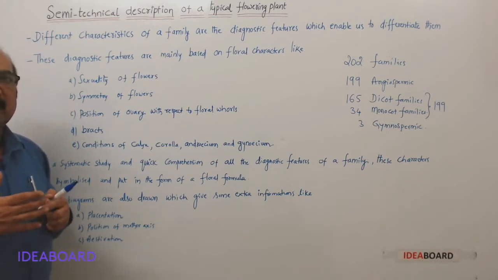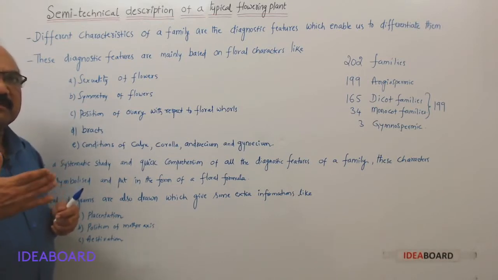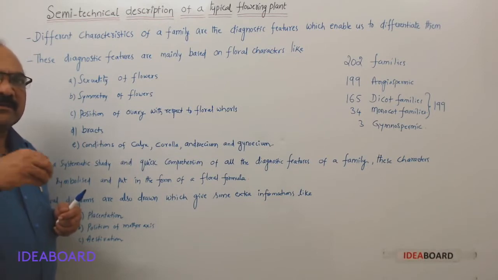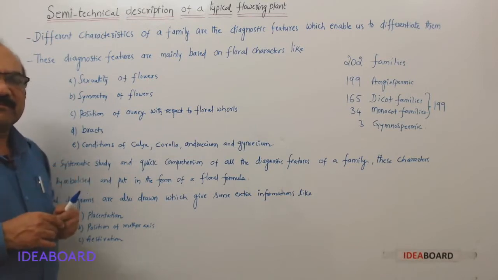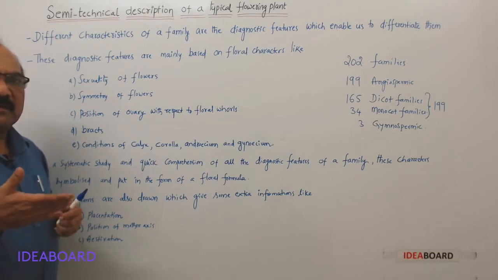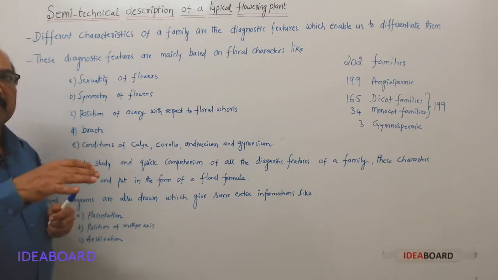Next, symmetry of the flower. The symmetry we already discussed in the chapter on the flower, and it can be studied in terms of number or in terms of structure. One is numerical symmetry, the other is structural symmetry. Based on numerical symmetry, we consider the number, and the flowers may be trimerous, tetramerous, or pentamerous.